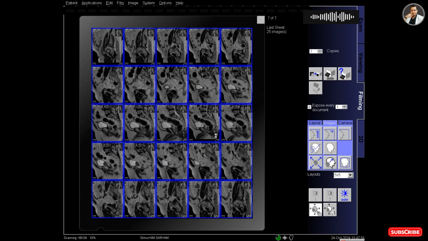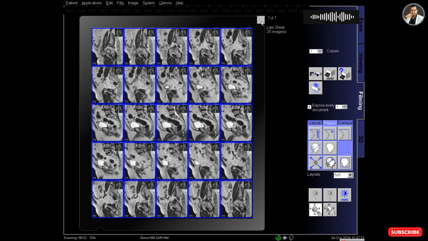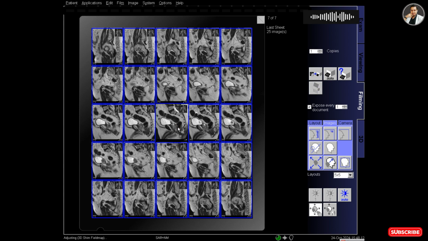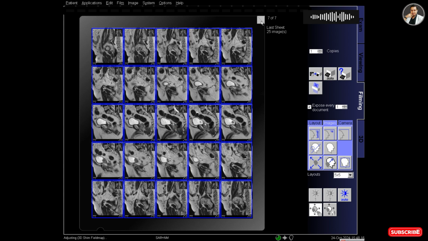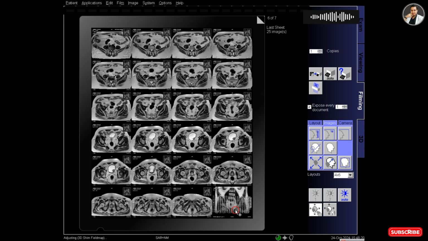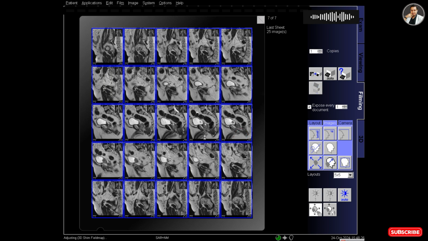Protocols are running. Again on the filming, I just prepare my films but do not print them out. I am storing the films. So 7 films have been prepared.